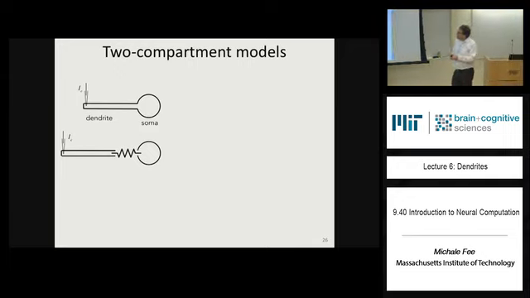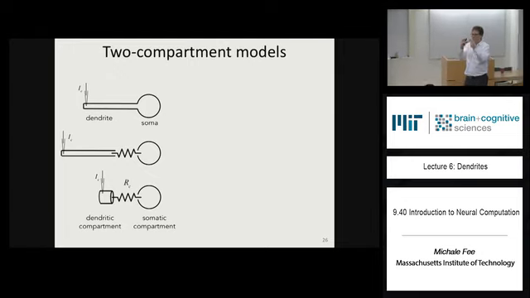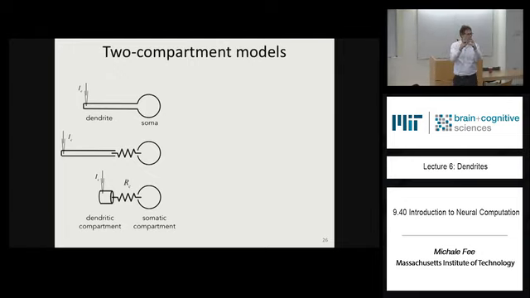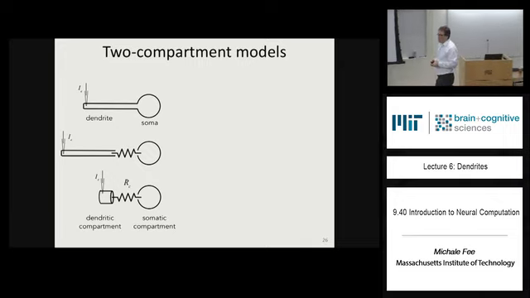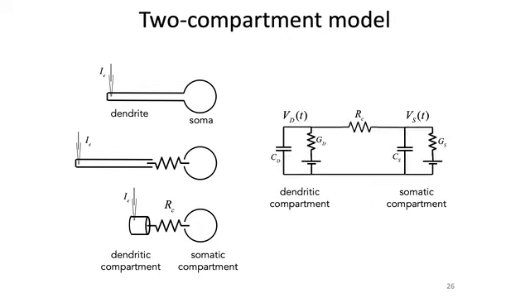Now, we can simplify this even more by just turning it into another little module, a little compartment that's kind of like the soma. Right? It just has a capacitor and a membrane resistance and whatever ion channels in it you want. And it's a dendritic compartment that's connected to the somatic compartment through a resistor. And if you write that down, it just looks like this.